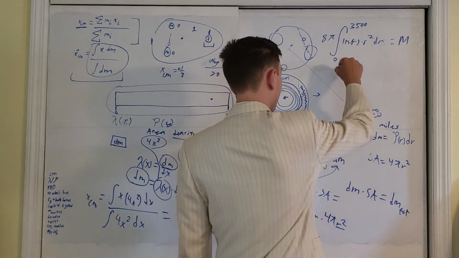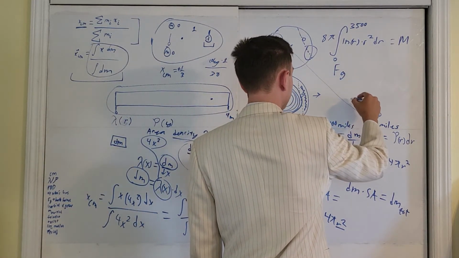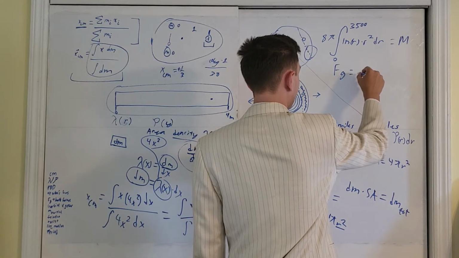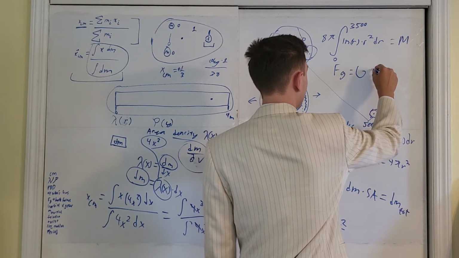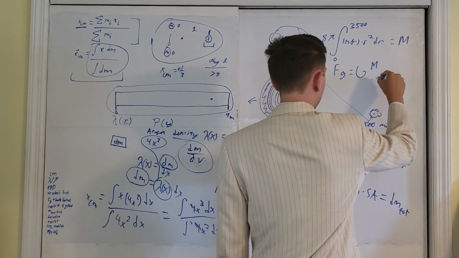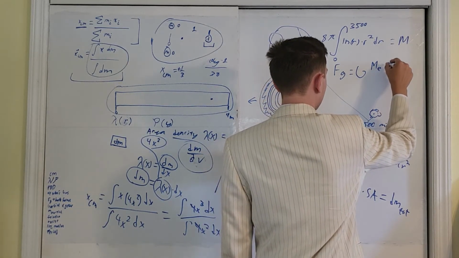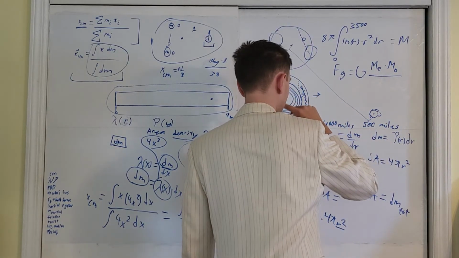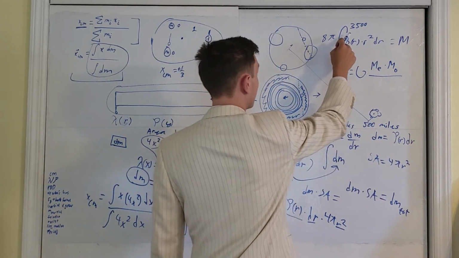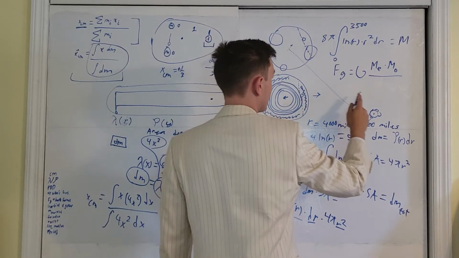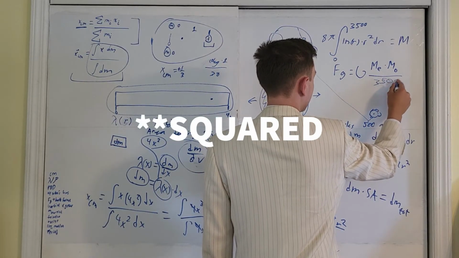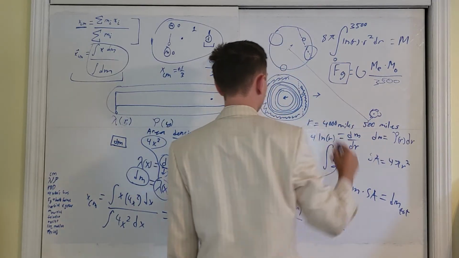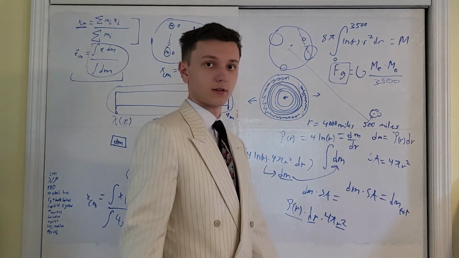So we would need to pull back out our force of gravity equation and say that the force of gravity on the object right now is going to be our big G times the partial mass of Earth that we calculated, times the mass of our object, divided by, we already solved for the radius between the two, 3,500. And that's how you would calculate your force of gravity in this particular case.